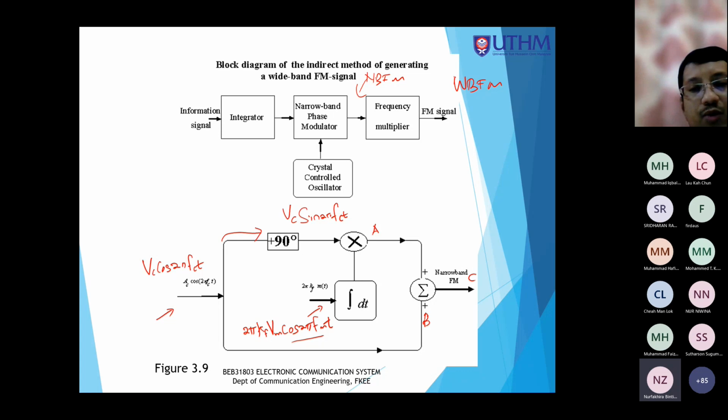So what we will produce is 2π kf Vm sine 2π fm t divided by 2π fm. The 2π and 2π can be canceled out. So you have kf Vm over fm, which is equal to beta, the modulation index.